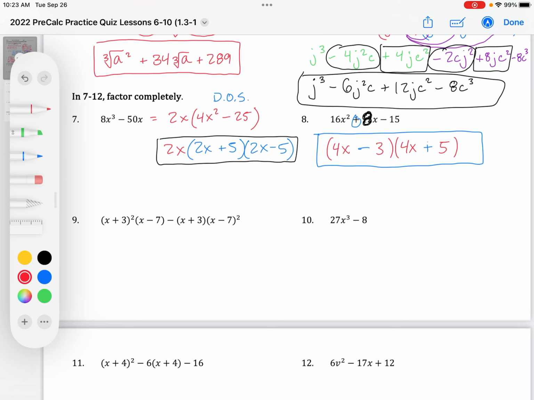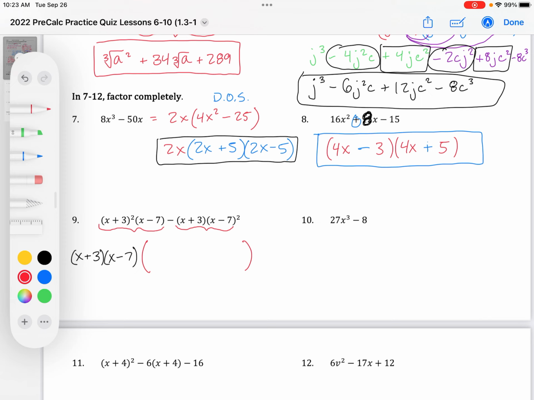Number 9, there's a couple of GCFs. So you have to think of this as one big family and this as one big family. And notice they both have an x plus 3 and an x minus 7 in common. So then what's left over is going to go back here.